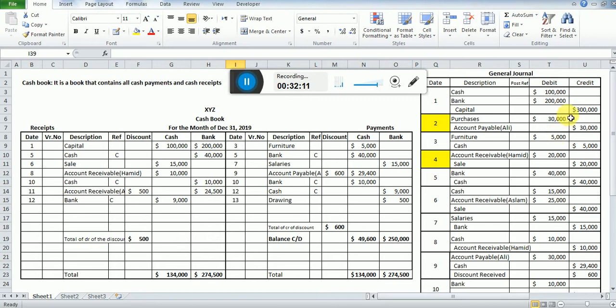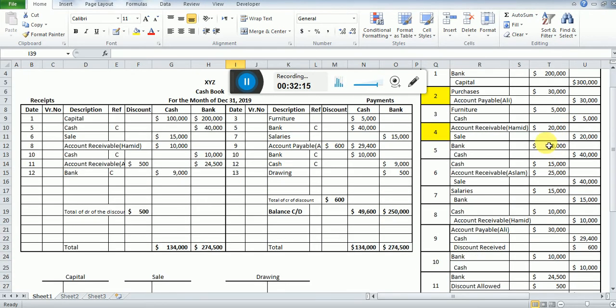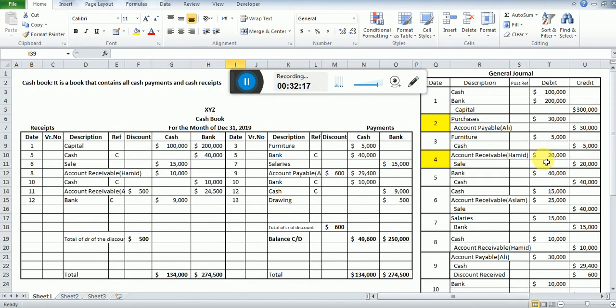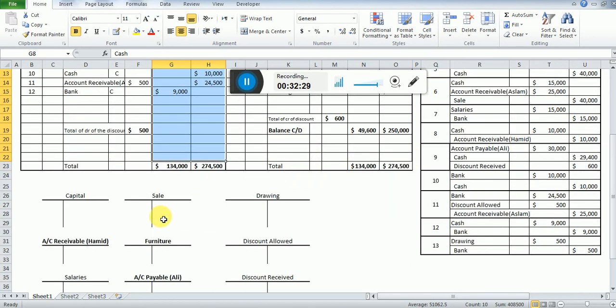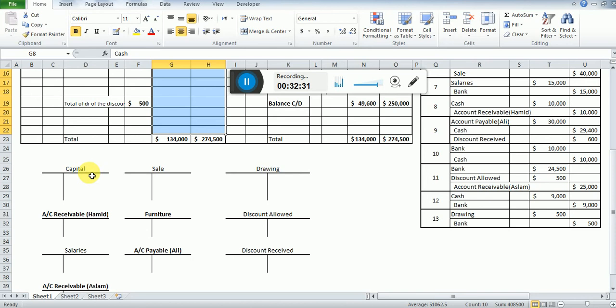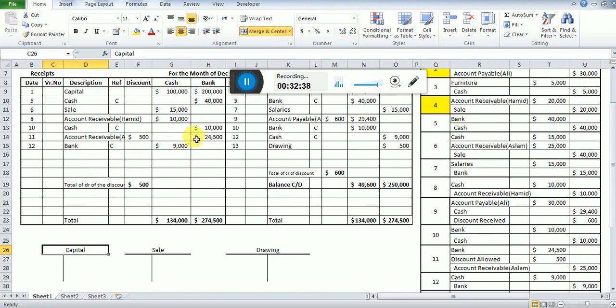From this journal, all the transactions are transferred to their respective ledger accounts. But keep in mind, for cash and bank we need not create any account, and for all other transactions we have in the journal, we have to make accounts for them. As you can see here, we have created accounts for capital, sale, and drawing.